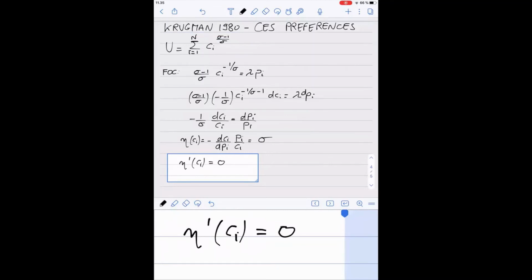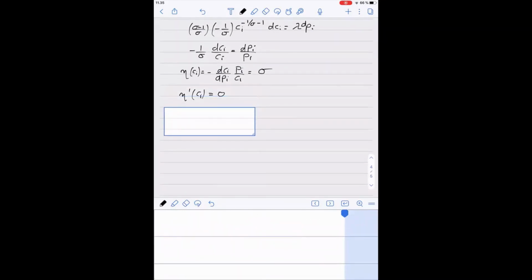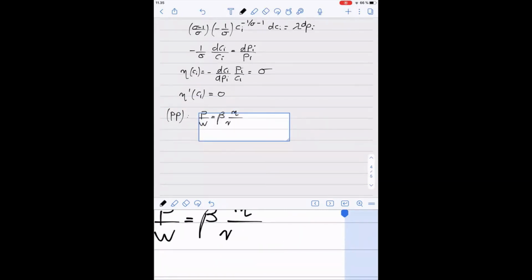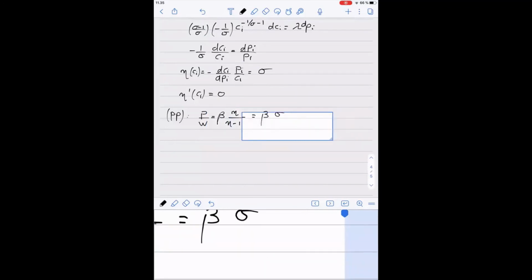What is the implication of that? The implication is that our PP condition, which we call P over W equals beta times eta over eta minus 1, which we can also write as beta sigma over sigma minus 1, is constant. It's a horizontal curve.